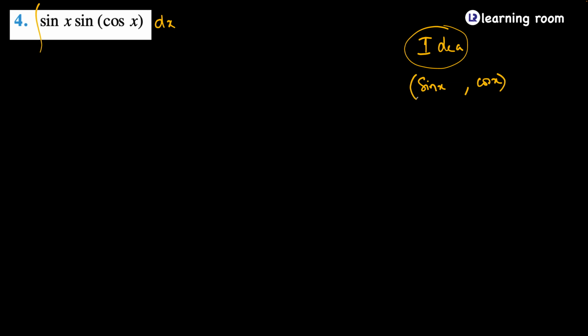But in this problem, if you observe, you have sin x outside, whereas you have the cos x as an argument. In the sense you have it as an angle.